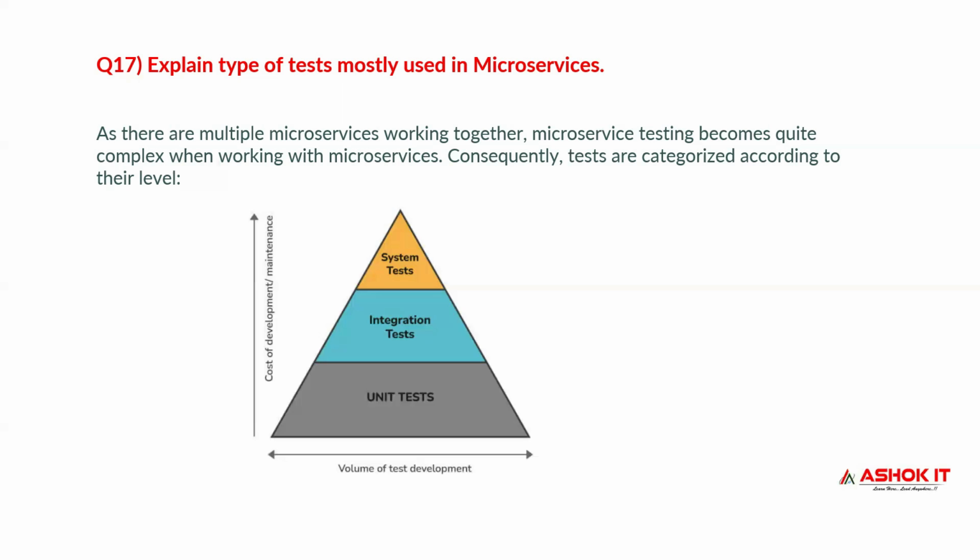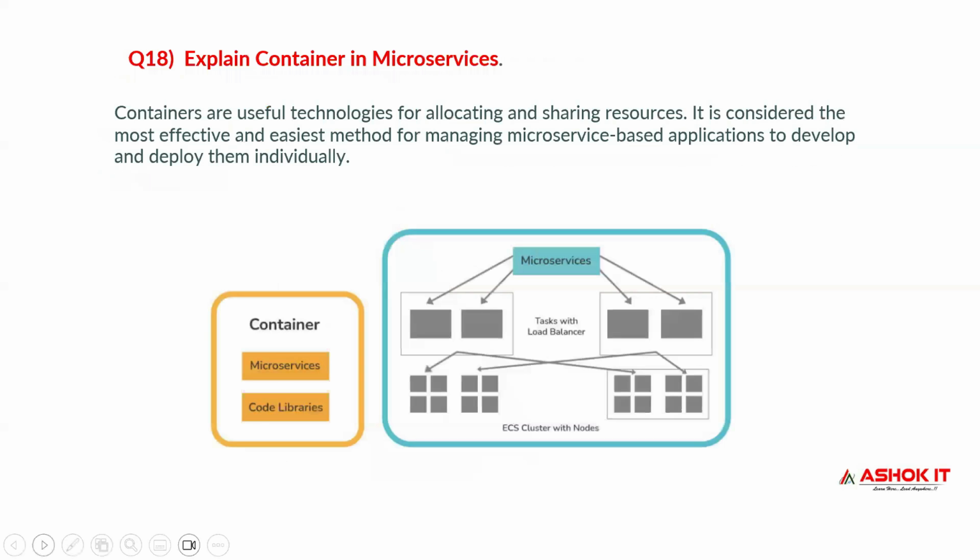Then the main one is the top level test, that is the system test. It has a limited number of acceptance tests. The acceptance tests help stakeholders understand and verify the software features. Let's move to the next question.